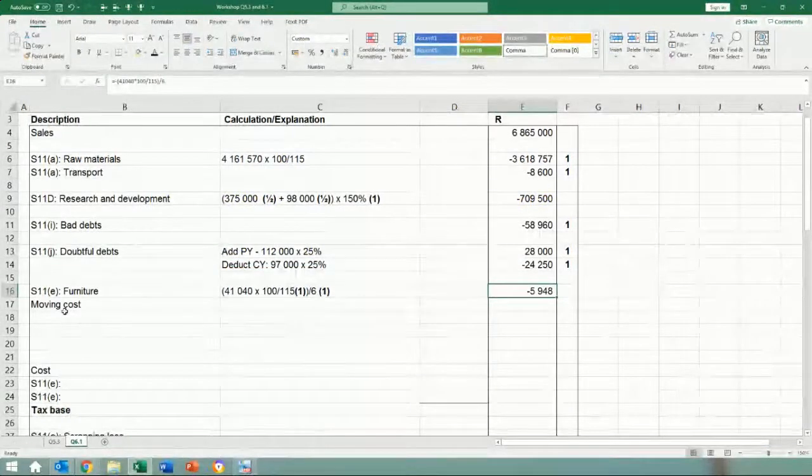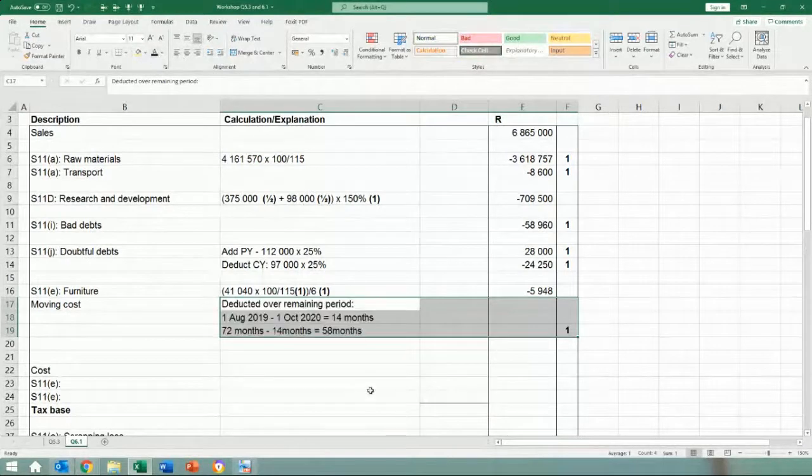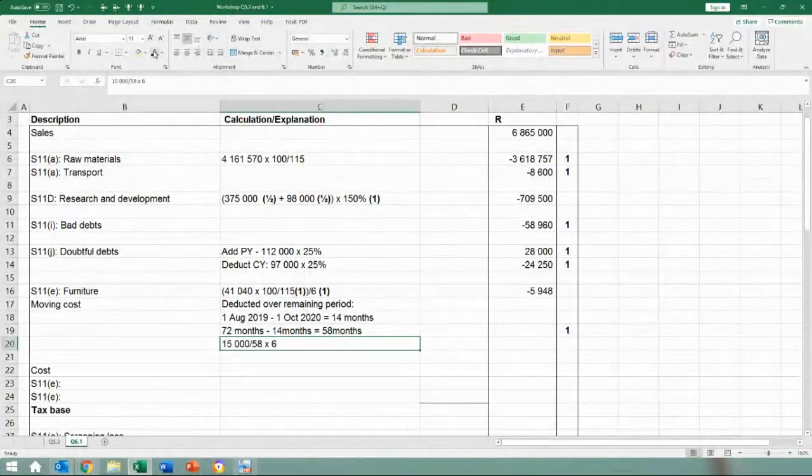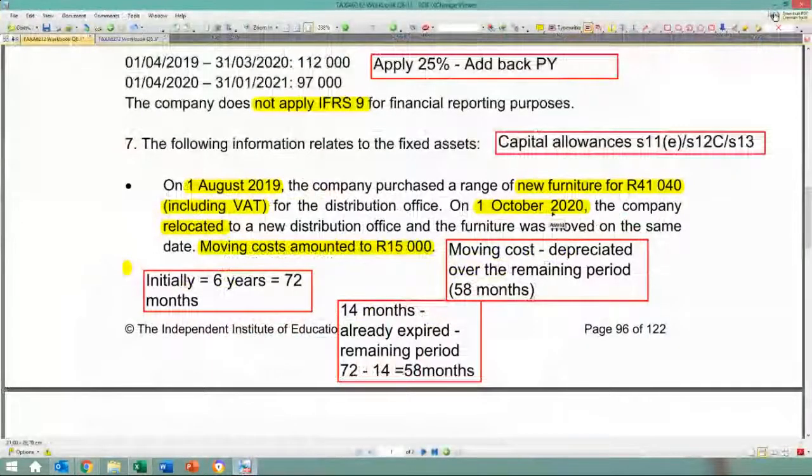Then the moving cost, we said we write it off over the remaining period. We've worked out that the remaining period is 58 months, so we are going to deduct that amount over the 58 months. But because we only moved in October and our year end is end of March, we had it for October, November, December, January, February, March, which is 6 months.